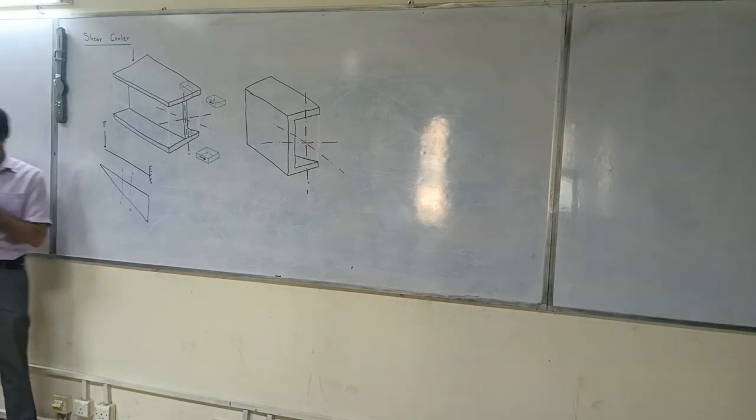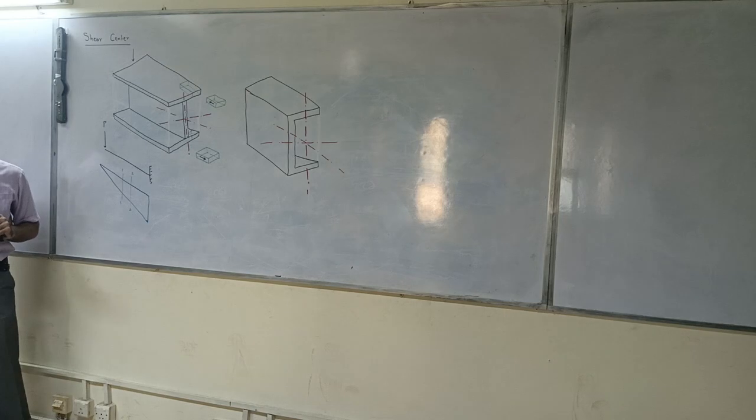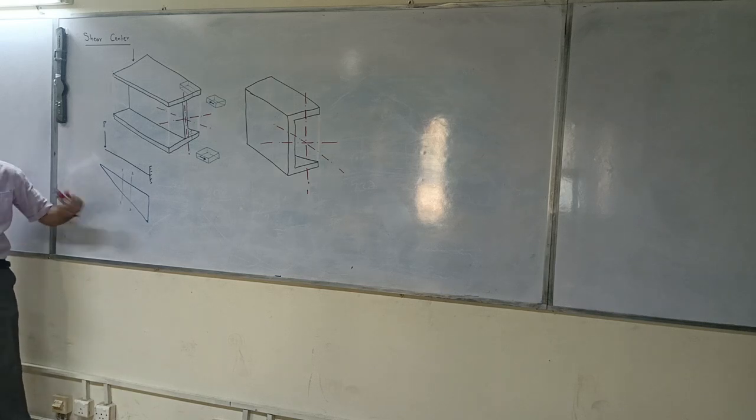Since we have a change in moment, that tells us there is going to be a shear. It's always the change in moment which gives rise to shear. So because we have got change of moment, we will have shear in the section.